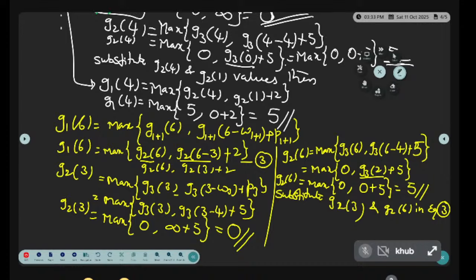What is equation 3? This one. That is G1 of 6 is equals to maximum of G2 of 6, this is 5, comma G2 of 3, 0 plus 2, that is 5 only.